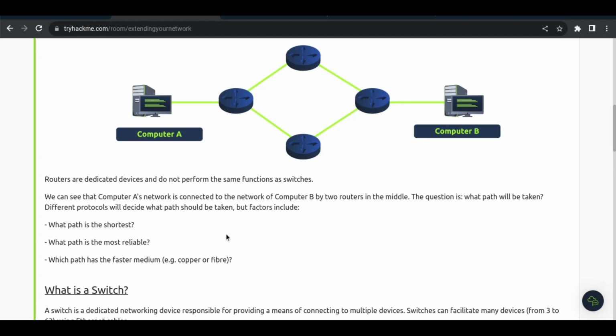We can see that computer A's network is connected to the network of computer B by two routers in the middle. The question is, what path will be taken? Different protocols will decide what path should be taken, but factors include what path is shortest, what path is most reliable, which path has the fastest medium, copper or fiber.